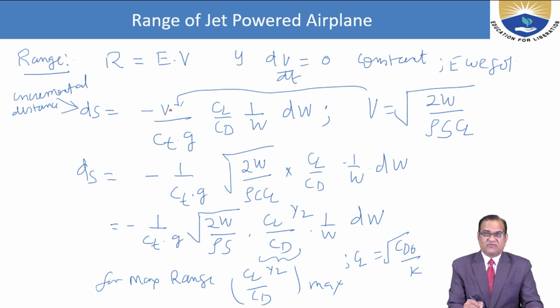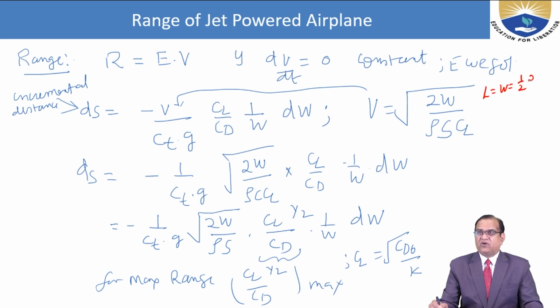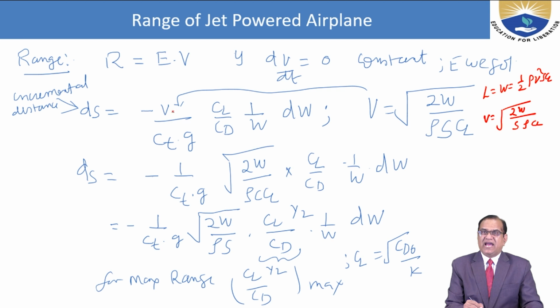We know that this velocity we can find out for the cruise, where L is equal to W is equal to half rho V square S Cl. So V is equal to under root 2W by S rho Cl. So this value we will put here, and then we will see how we are going to derive this equation.